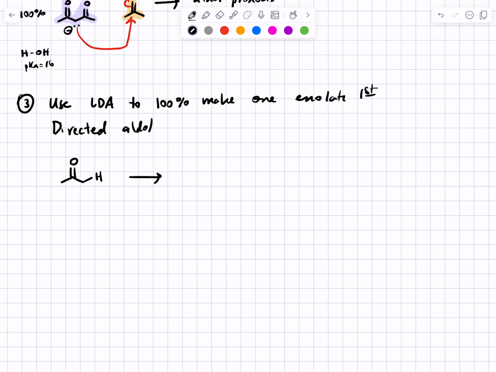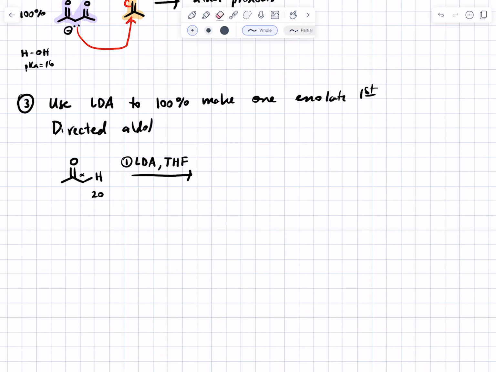You use LDA, and remember this is our super strong base that can 100% remove alpha protons. We're going to use non-aqueous, non-protic solvents because we don't want to reprotonate the enolate at all.